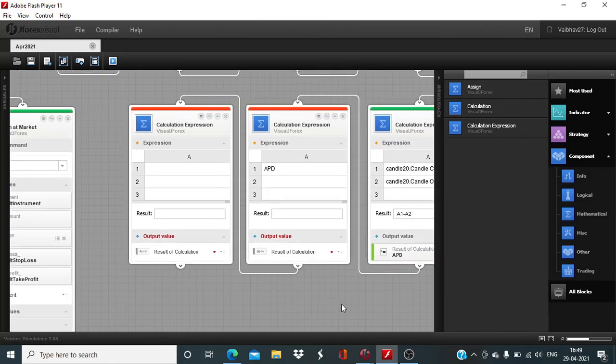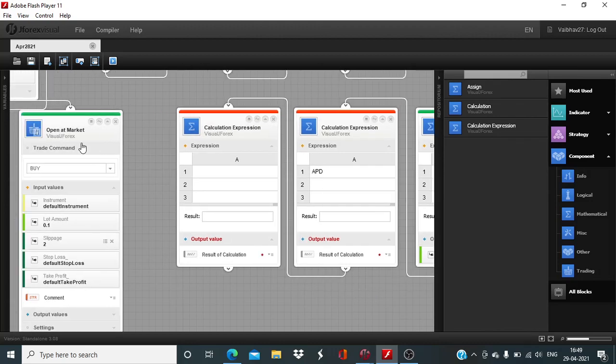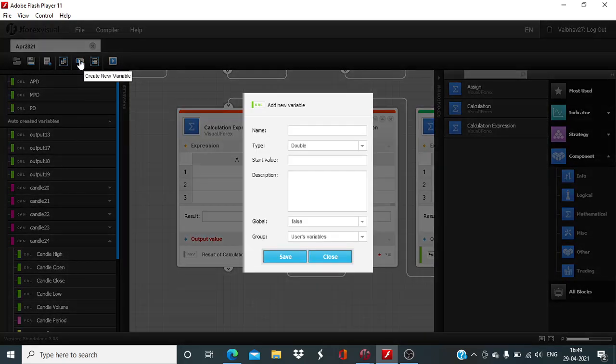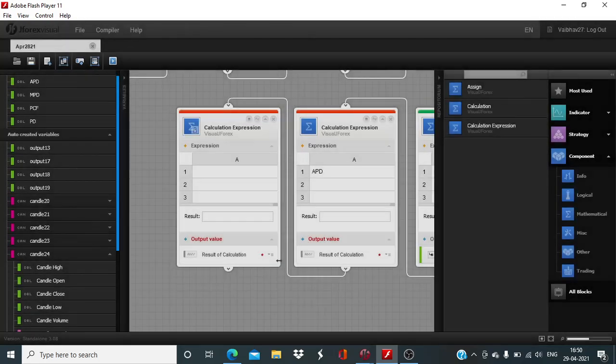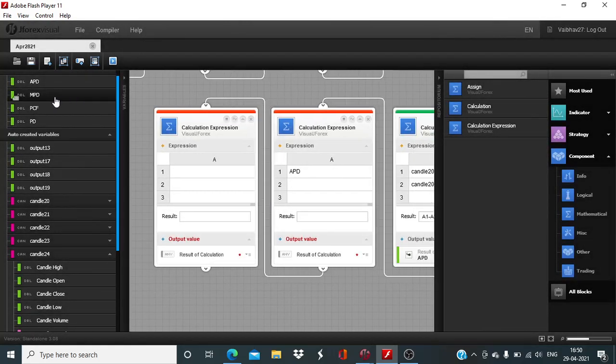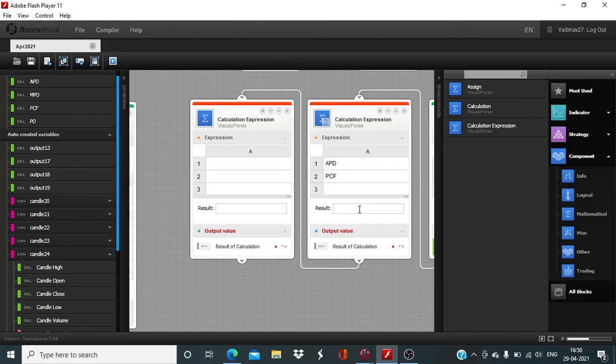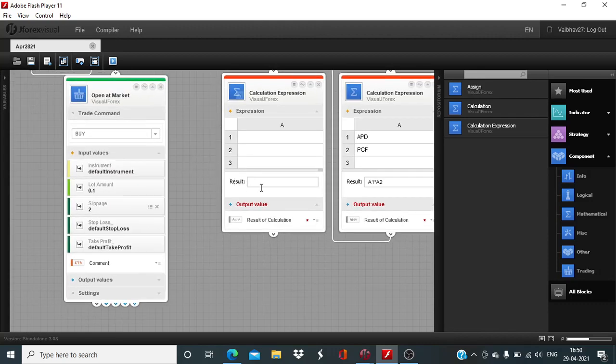But the pip value will remain the same. So I will create a new variable. We'll name it ECF. And this is going to be our stop loss, A1 multiplied by A2. And twice of this will be our take profit.